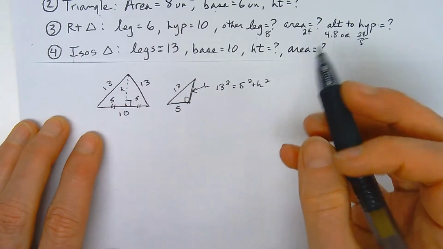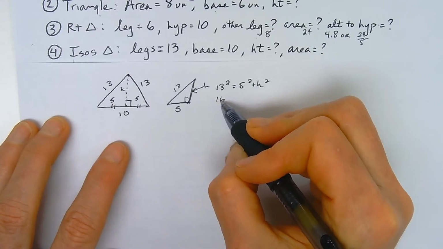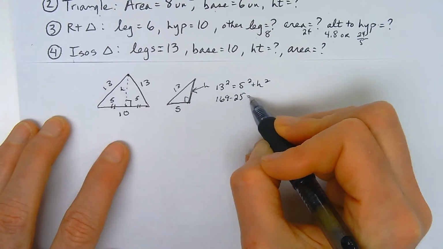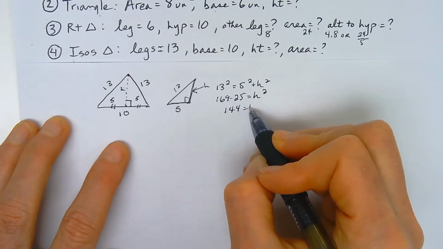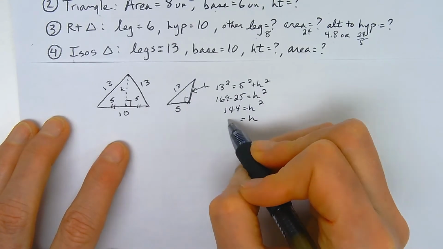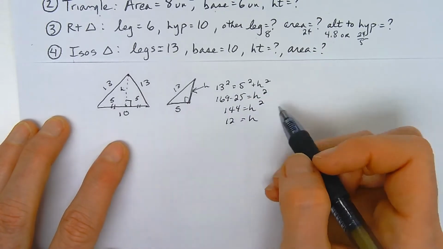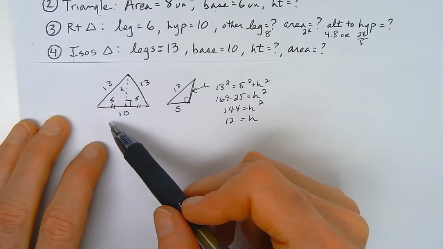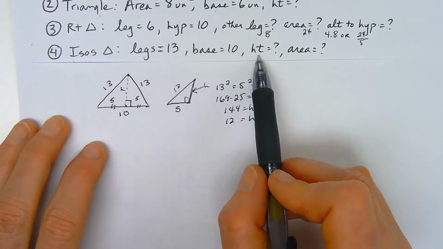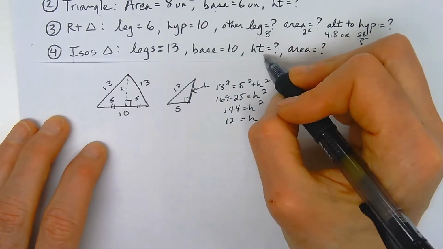I can use the Pythagorean theorem. So that's 169 minus 25 equals h squared. That's 144 equals h squared. H equals 12. Now if I went too quickly skipping a couple steps, then do it on your own. Pause it and make sure you can use the Pythagorean theorem to solve for h there. We're asked to find the height, and it's 12.